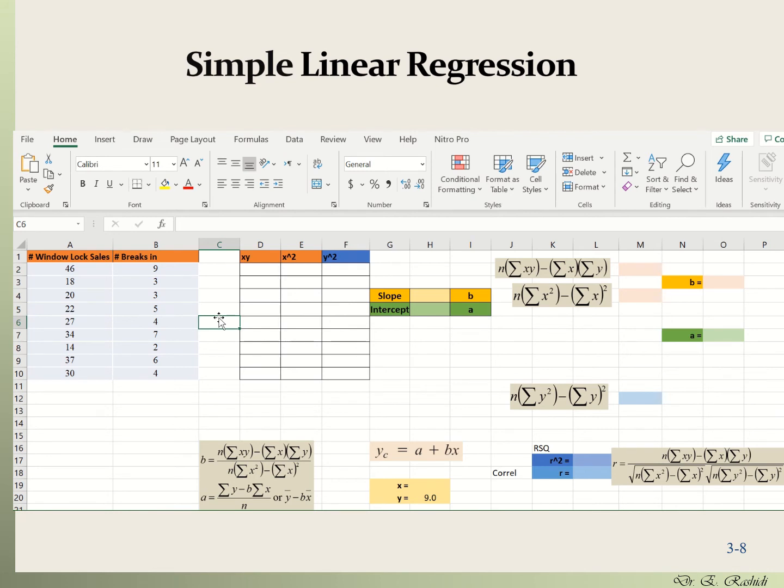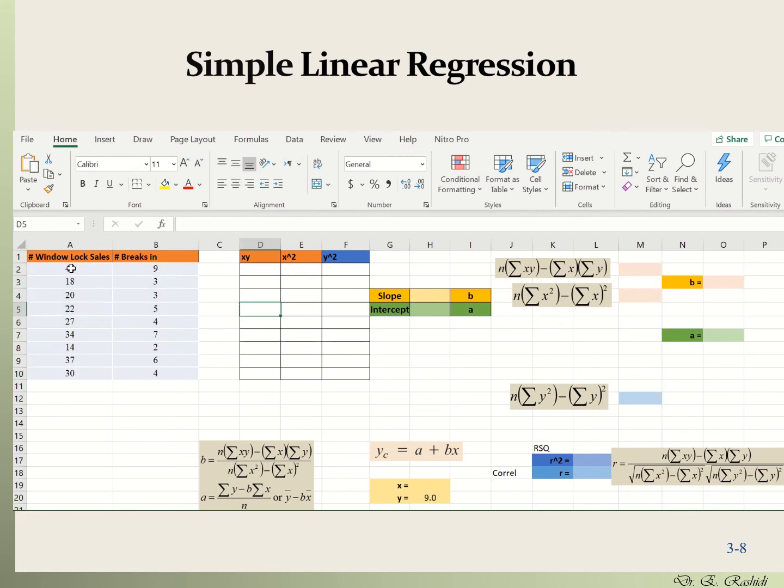According to the problem statement, you should be able to figure out that the number of break-ins is supposedly a factor for the number of window lock sales. So that means that the window lock sales is the dependent variable y here, and the number of break-ins is x, the independent variable.